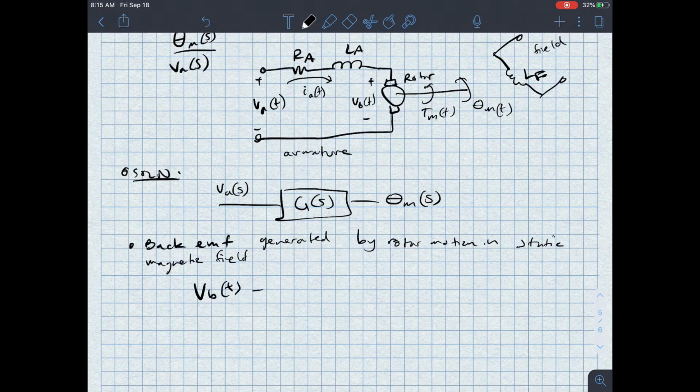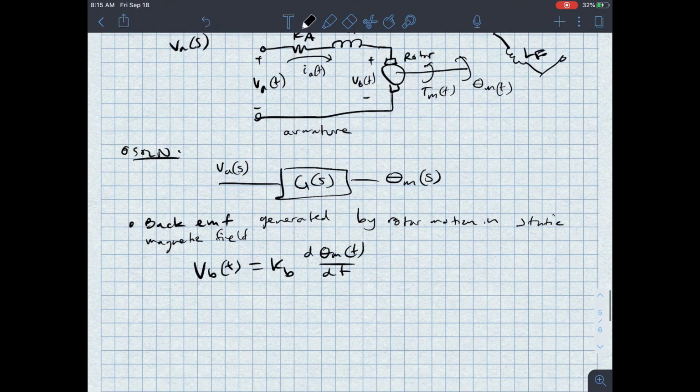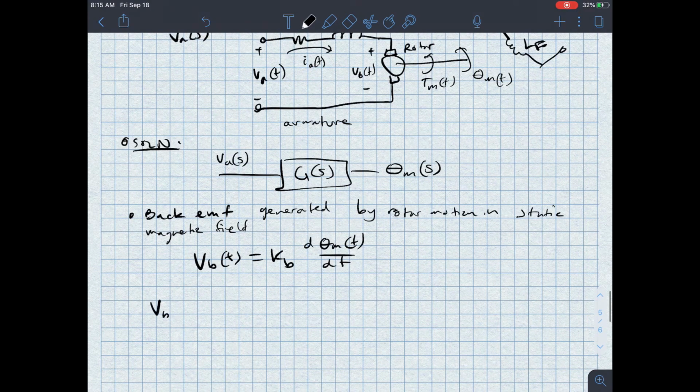It's equal to K sub B d theta m of T dt. V sub B is my back EMF, and K sub B is the back EMF constant. Then VB of S is equal to K sub B times S theta m of S.